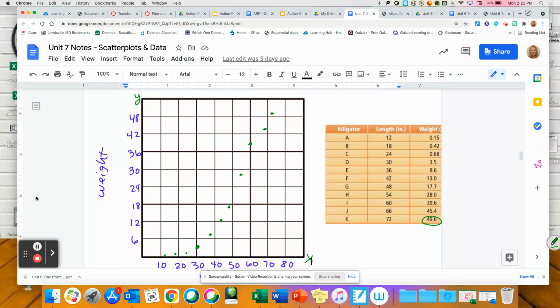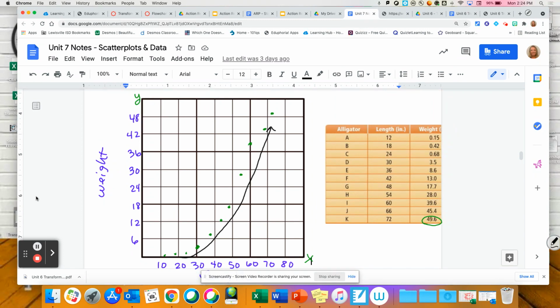So with this graph, this scatter plot, the question comes into play of, does this scatter plot show a relationship between the length and the weight of the alligator? You can see that as the alligator gets longer, the weight of the alligator is increasing.